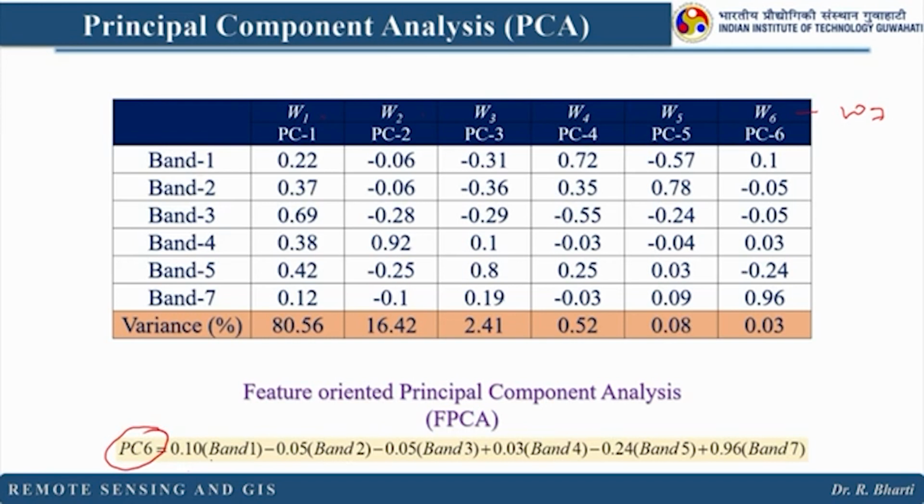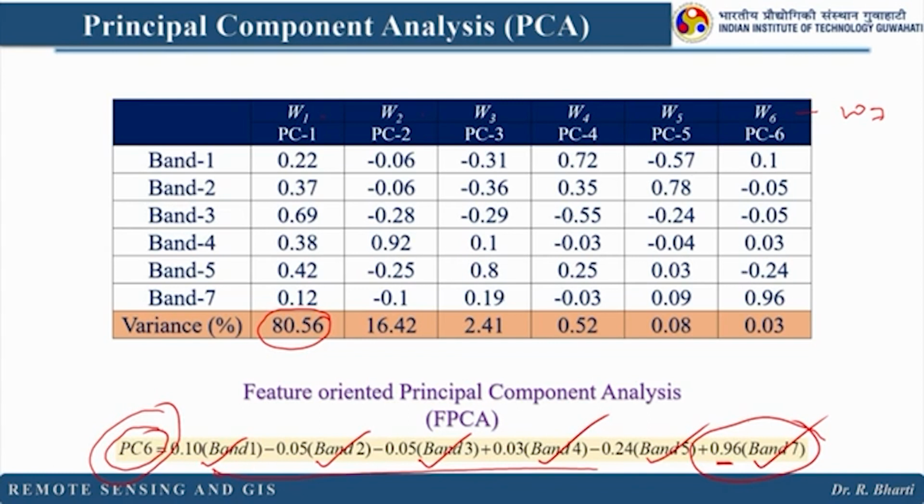10% weightage to band 1, 5% to band 2, 5% to band 3, 3% to band 4, 24% to band 5 and 96% to band 7. So that means for me it doesn't matter what the variance is, I will go with principal component 6 because that is going to highlight my object; if you compare this weightage with all other bands, it is quite high.